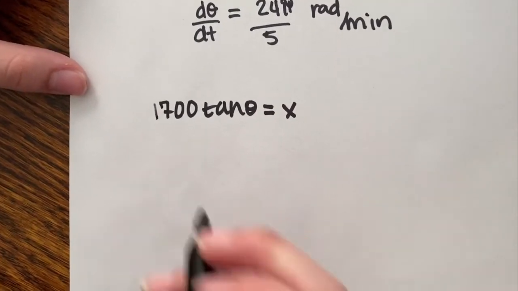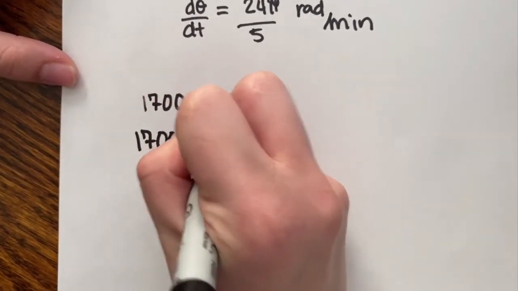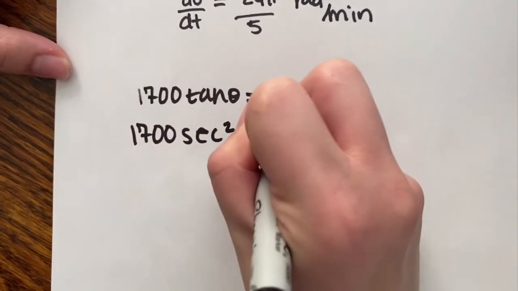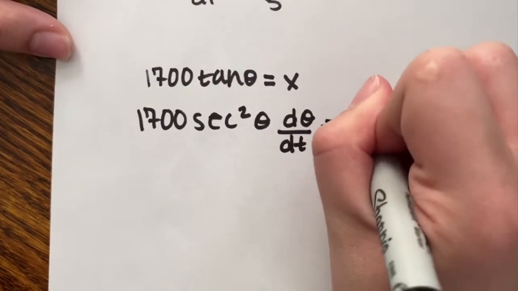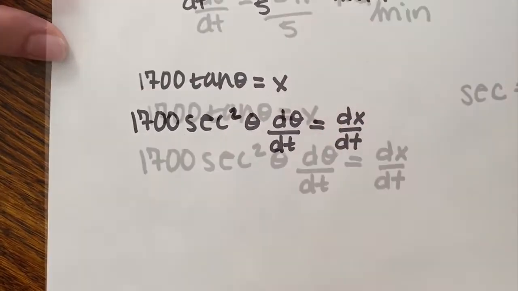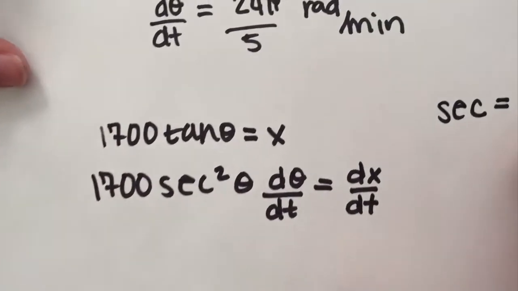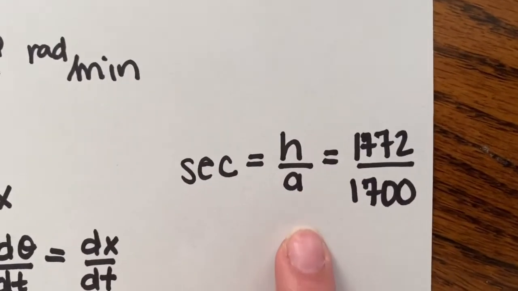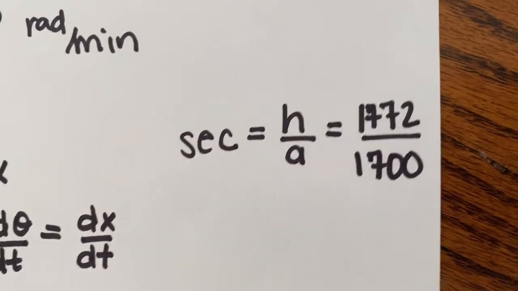Once you take the derivative of this, you are going to get 1,700 secant squared theta d theta dt is equal to dx dt. In order to find what your secant of theta is equal to, all you're going to do is the hypotenuse over adjacent, which is going to be 1,772 over 1,700.